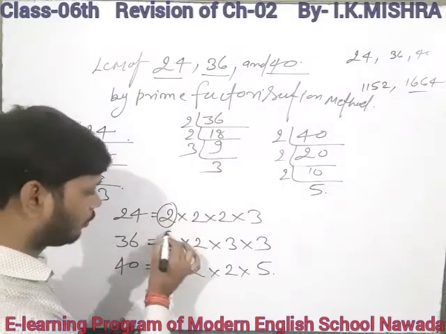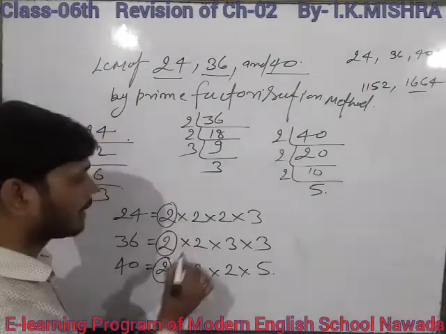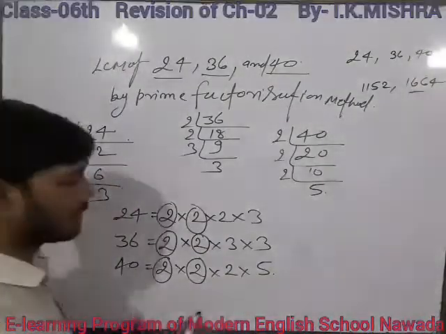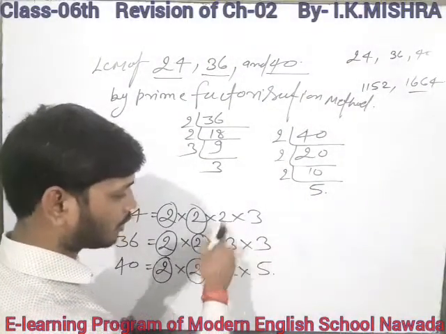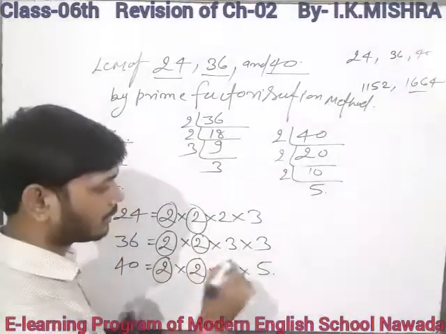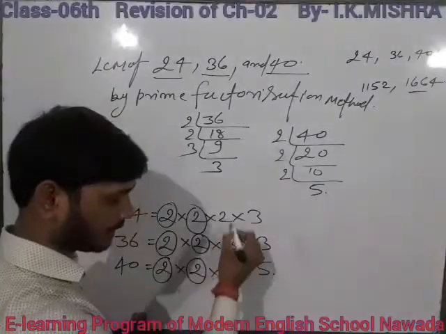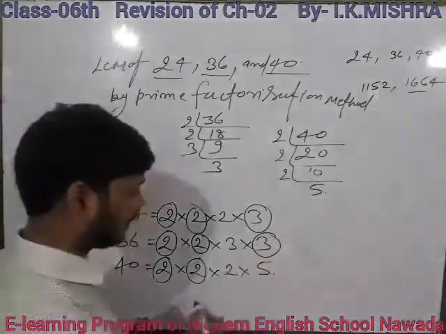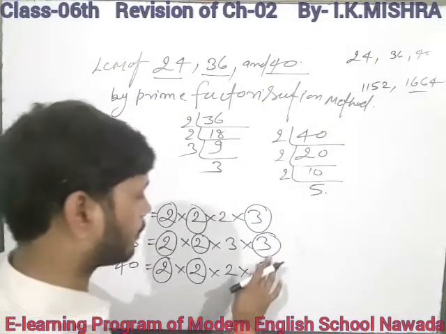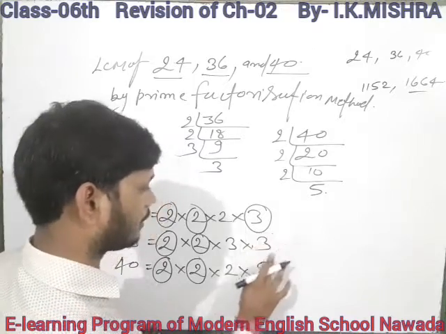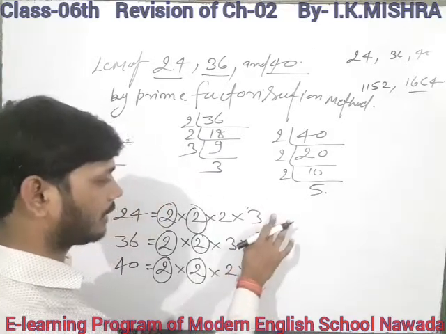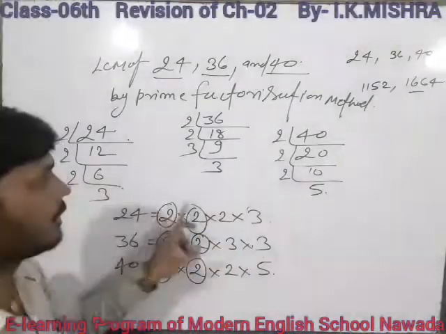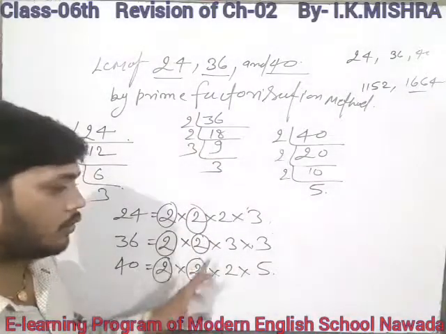Here 2, 2, 2, and 2, 2 and 2, so 2 is common. But 3 is not present in all of these. So you write its HCF: HCF is 4, that is 2 into 2.